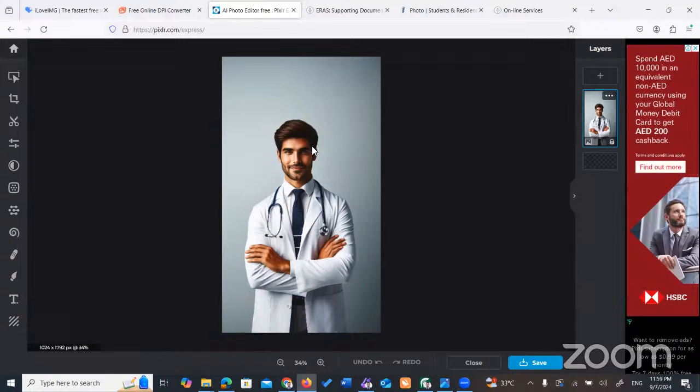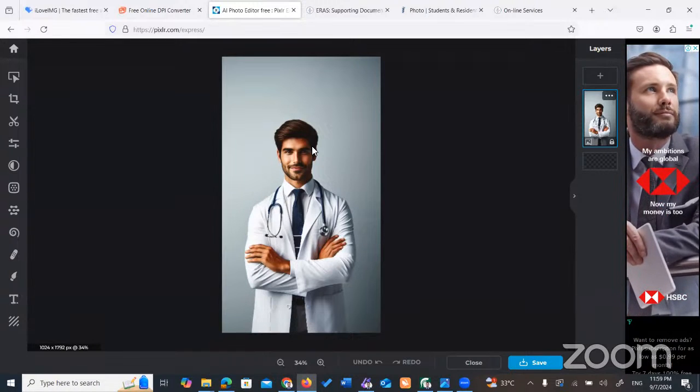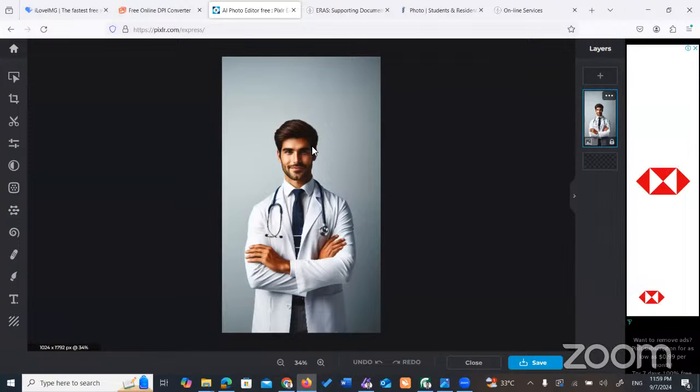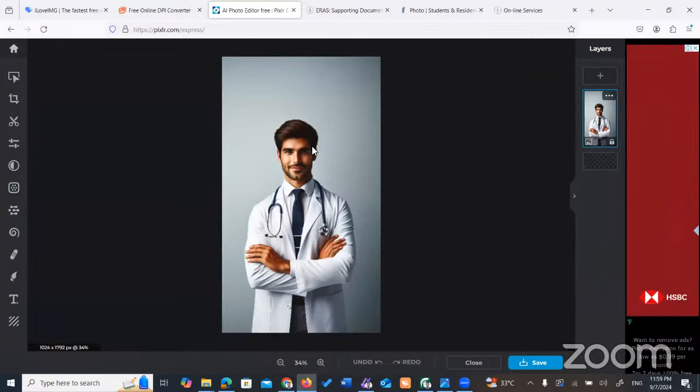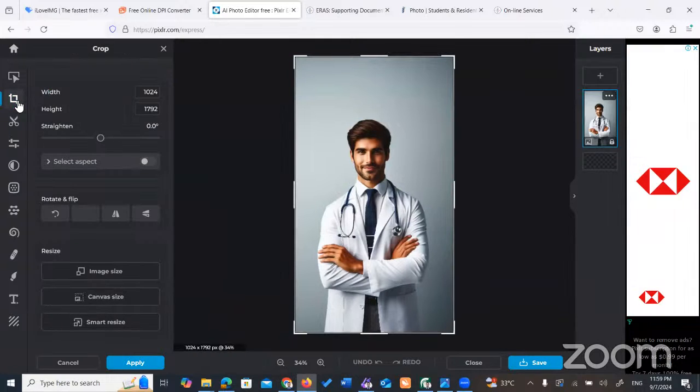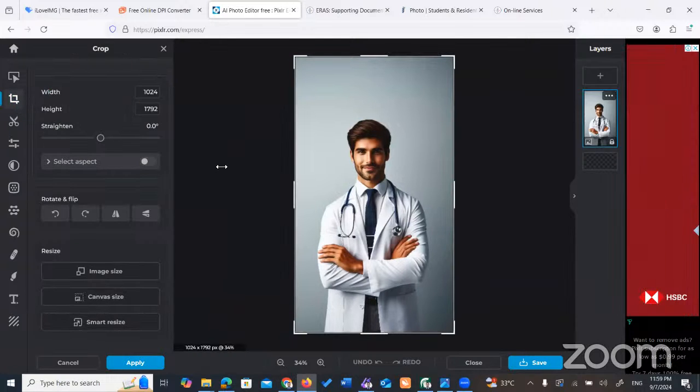So the first thing is, as I said, you have to maintain the ratio, the size, the dimensions, the DPI, the resolution, and the file size. On the left side, you will find this toolbar where you have access to different tools to edit. The first thing you have to do is identify the margins and select the aspect.